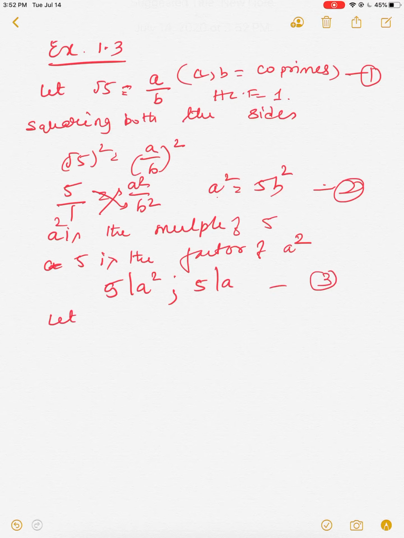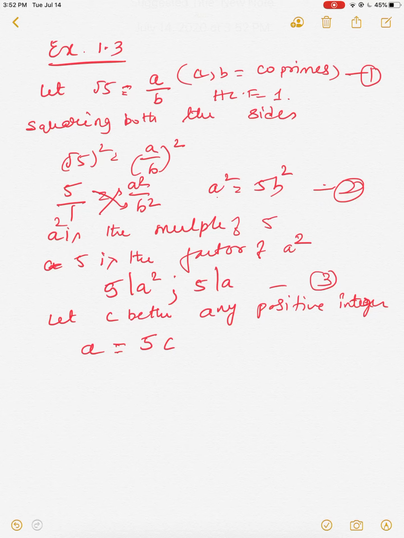Now let us take, let C be any positive integer. So if C is a positive integer, a is already a multiple of 5, so you can write a equal to 5C, because already we know that a is a multiple of 5.